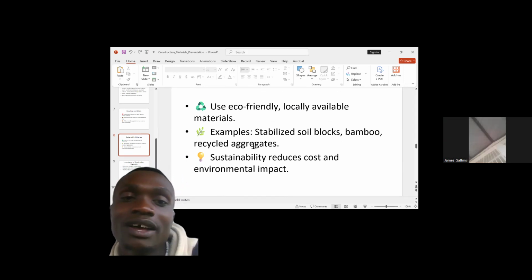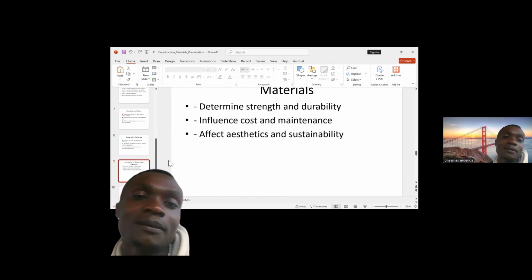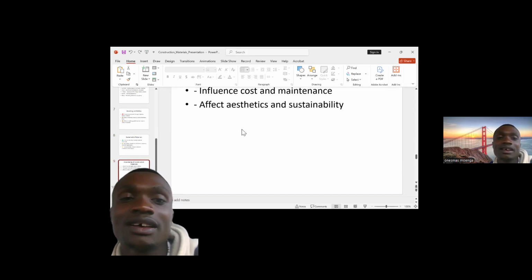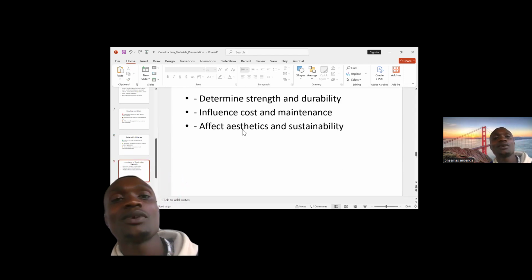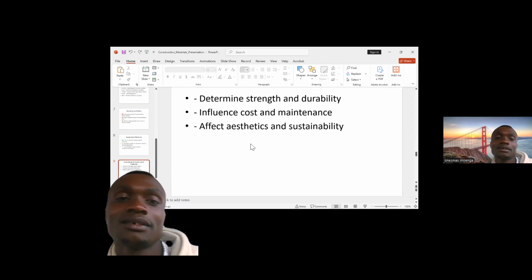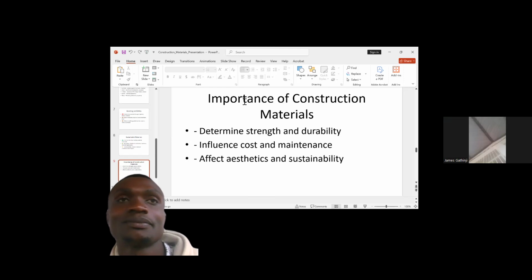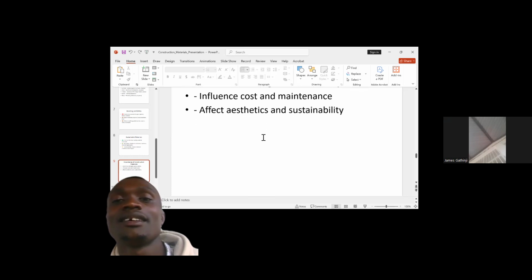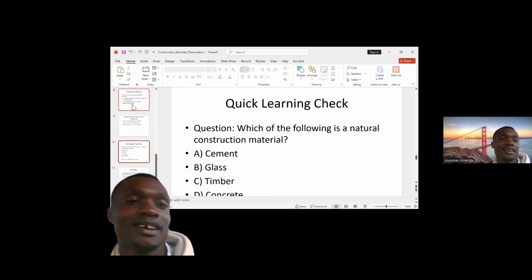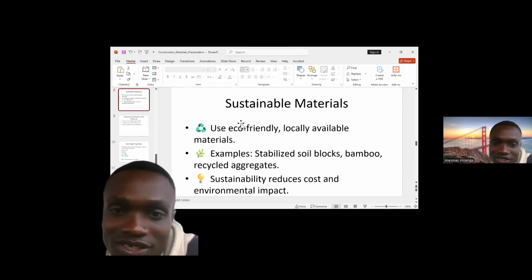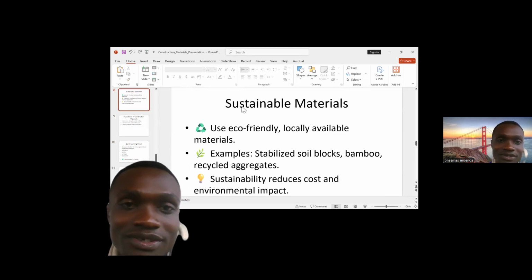Then let's move ahead. In the chat box, kindly type the importance of construction materials.